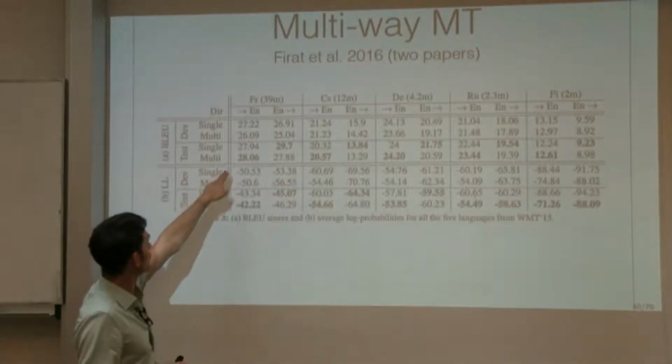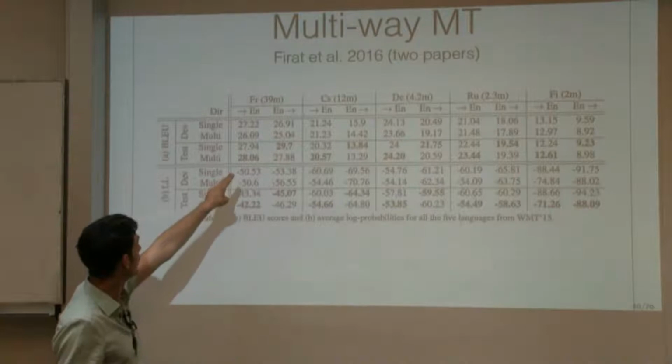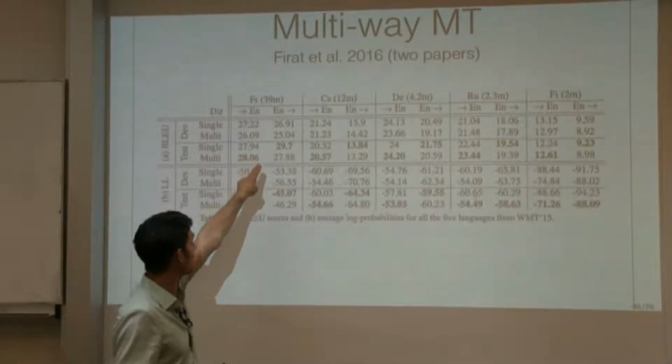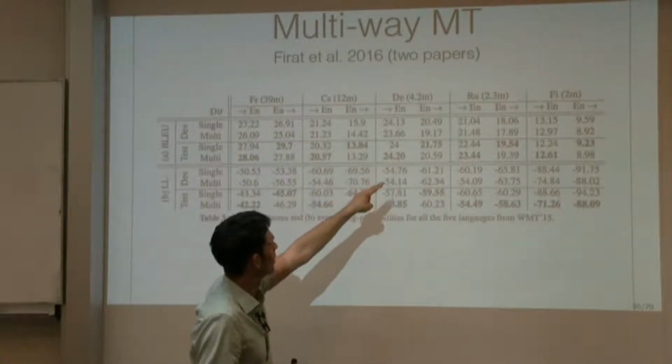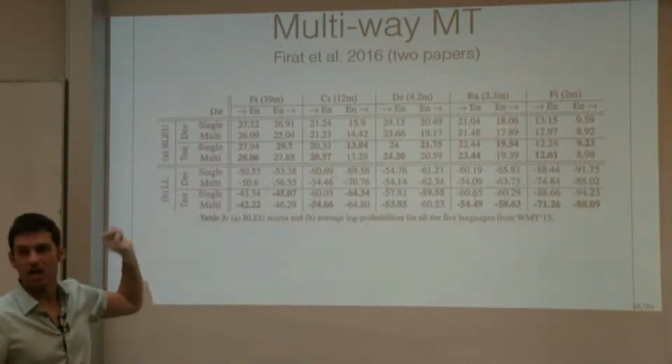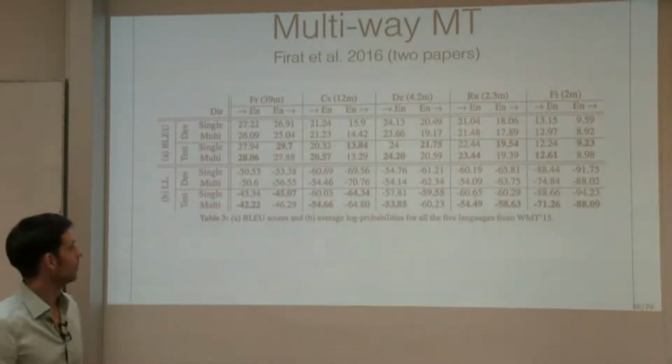When going into English, it is better to use the multilingual model, and when we're going into the other language, like from English into French or into Czech or into German, then we always have a better performance with the single pair models.